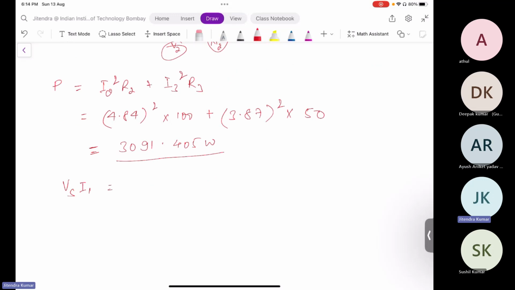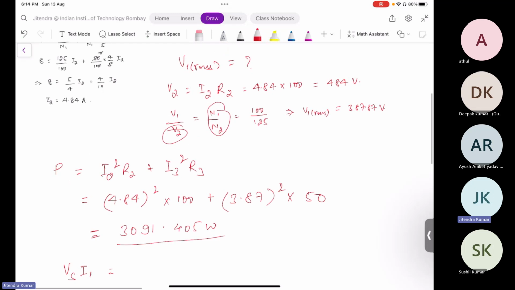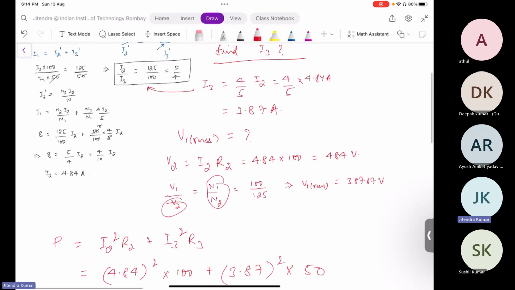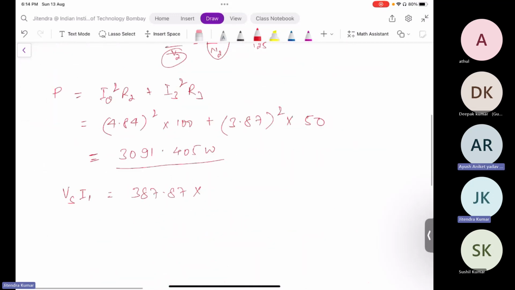Okay. So Vs we have computed, that is 387.87 into I1 RMS was 8 ampere.